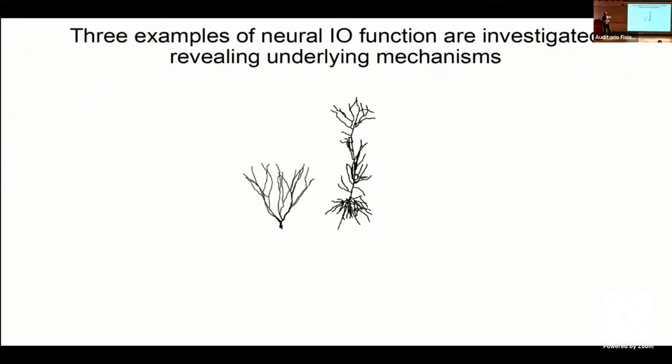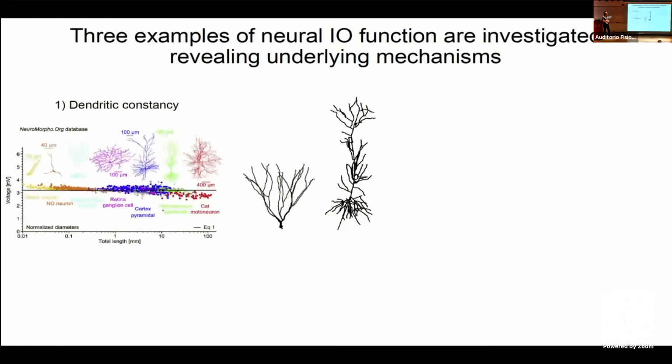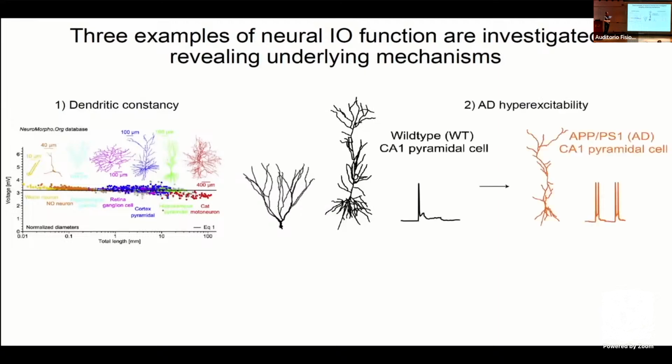Okay, so as I already said, it will be put into 3 parts, and that covers my PhD. These 3 examples are examples of neural input-output function, and we will look at the underlying mechanisms that contribute to this function. First, I will have a look at what is called dendritic constancy. I will explain later in detail what it means. It is a principle that covers many cell types and sizes. The second topic is hyperexcitability in Alzheimer's disease.